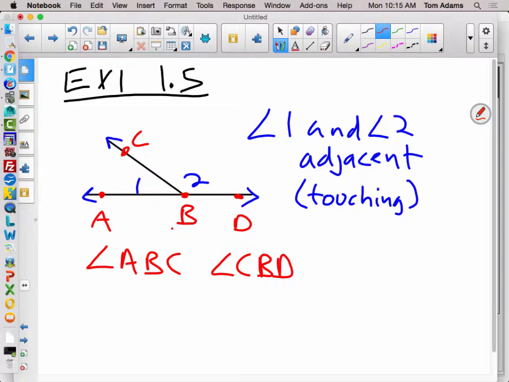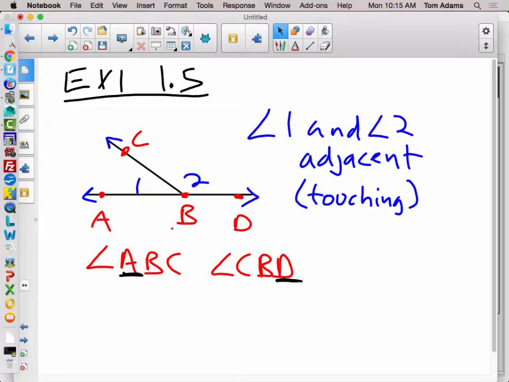Now, while they have one common interior point, which is C, clearly A is different than D. Does that make sense? Yes. So they can only have one.